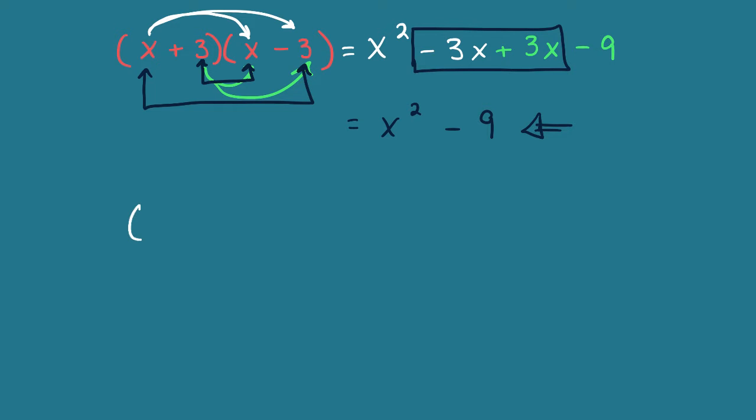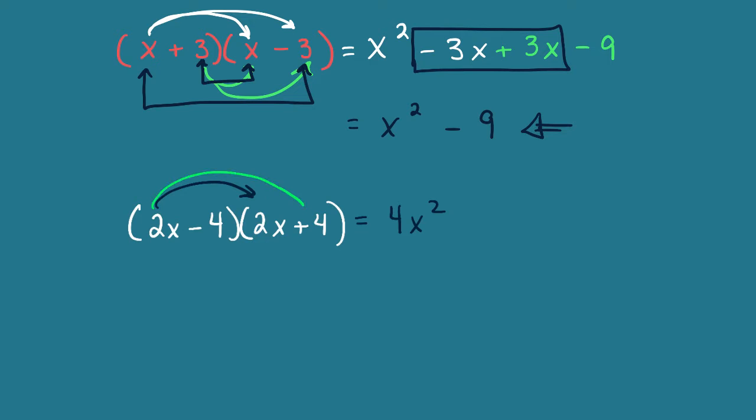Let's say we've got 2x minus 4 times 2x plus 4, again a conjugate pair, differing only in that sign in the middle. And we get 4x squared, 2x times 2x. We get 2x times 4. We get negative 4 times 2x.